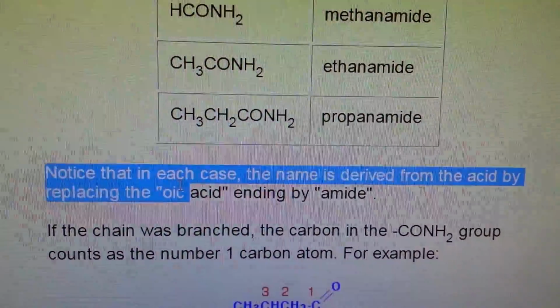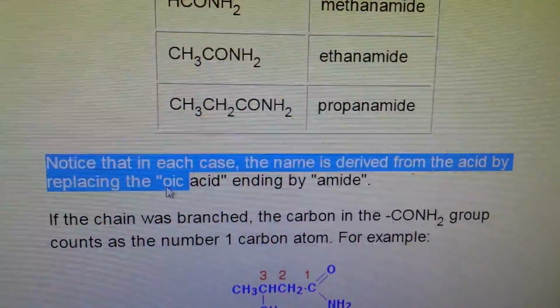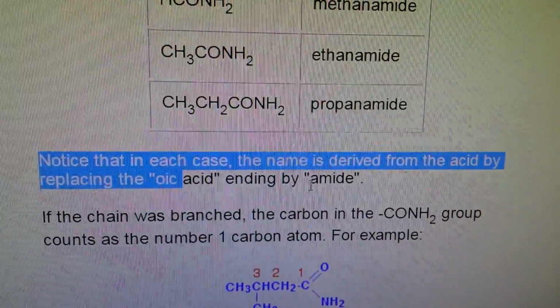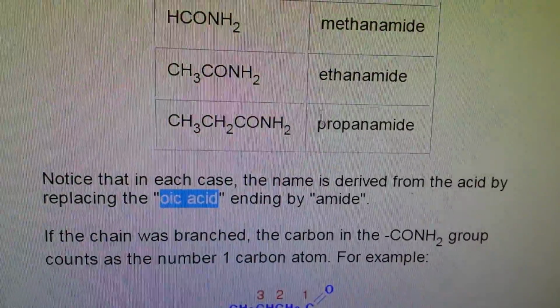One thing to notice is that in each case the name is derived from the acid by replacing the oic acid ending with amide.